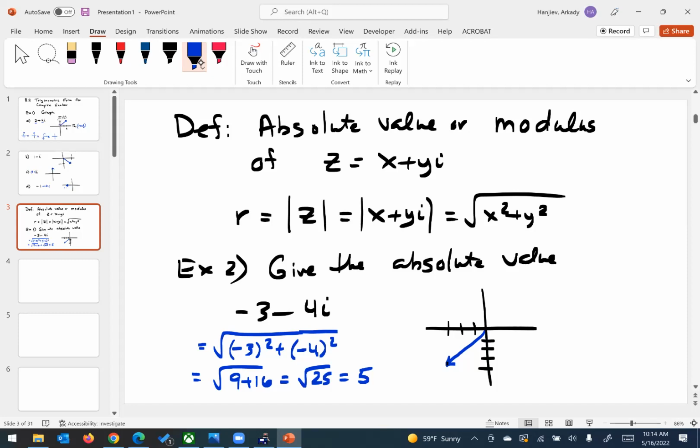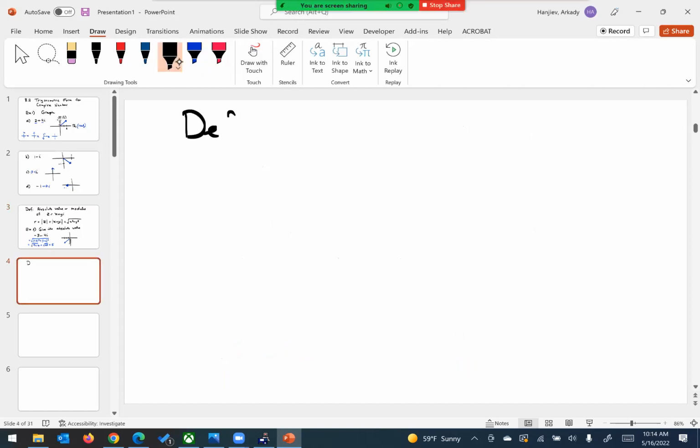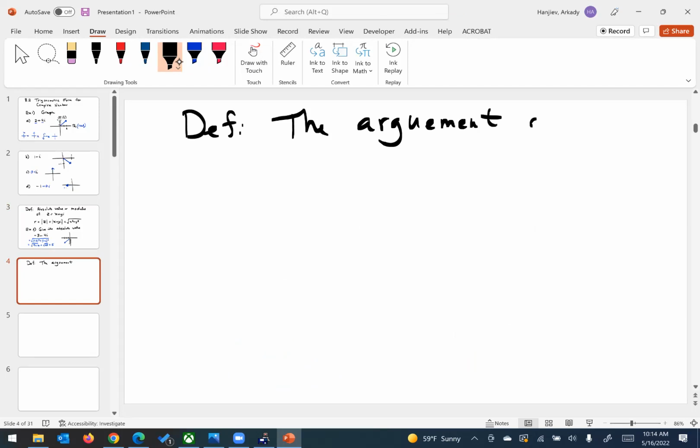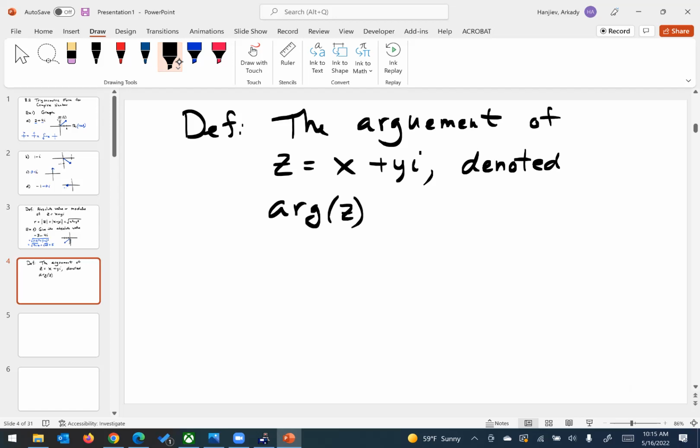Okay, so there's that piece. And then one more definition here, and then we'll get going. Definition: the argument of z, denoted as arg of z. How's that fun?